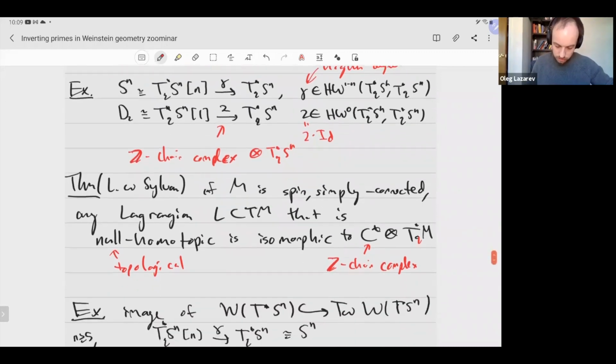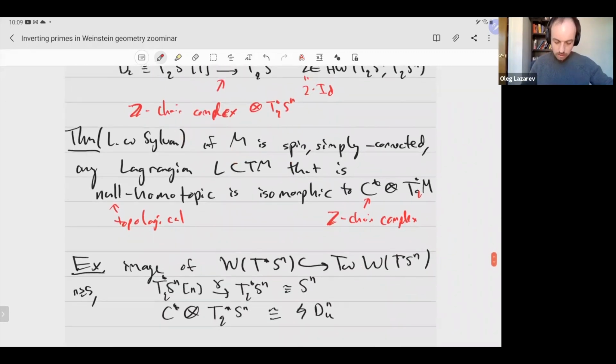And the conclusion is that, let's consider the image of the wrapped Fukaya category of the cotangent bundle of the n-dimensional sphere, T star S^n, into the twisted complex Fukaya category. So this is an embedding. The question is, what is its image? Well, what are the Lagrangians?